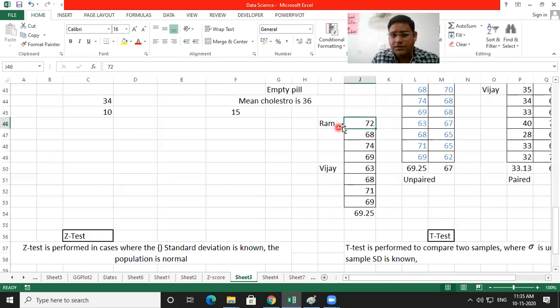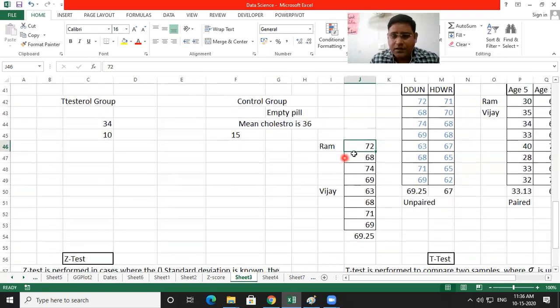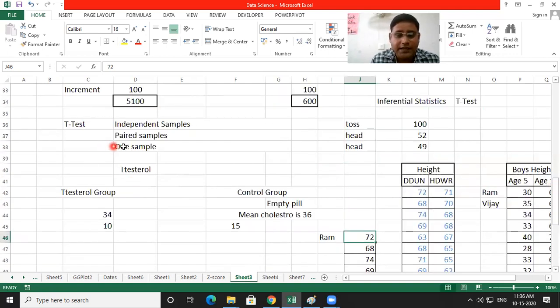So now I'm checking how far this 72 is from that mean 69.25. Vijay is having IQ level of 63. Now, how far this 63 is from that mean, 69.25. Means I'm testing within one sample. Within the sample, I'm taking each and every data and comparing it. So that will be my one sample t-test.